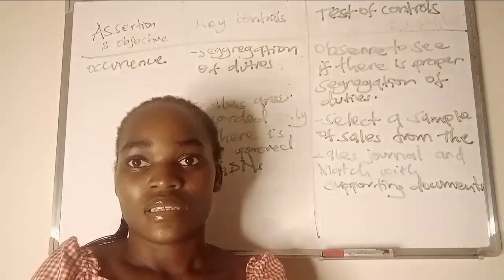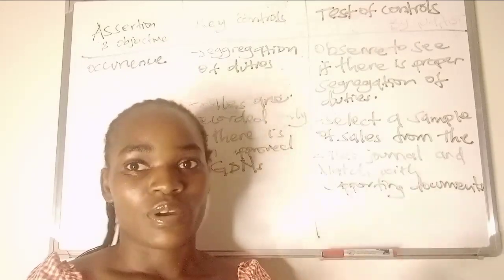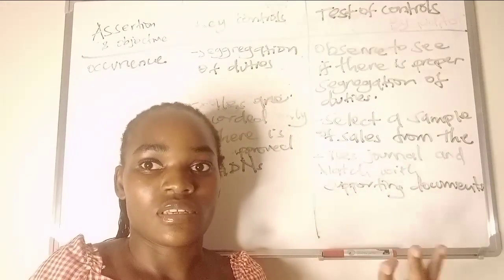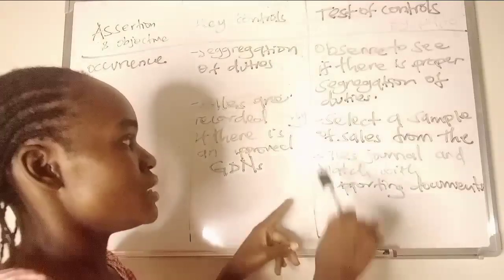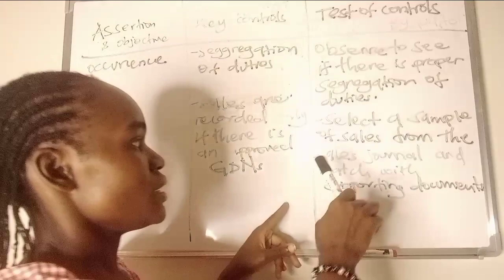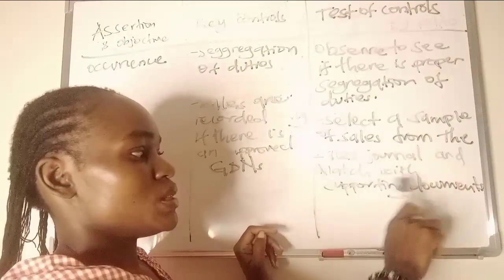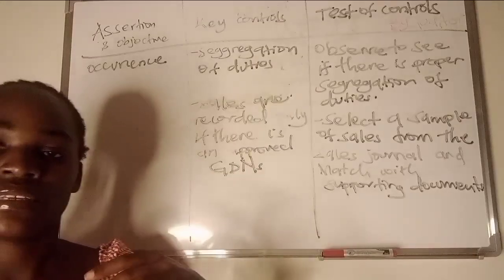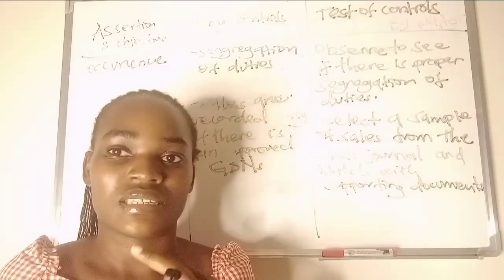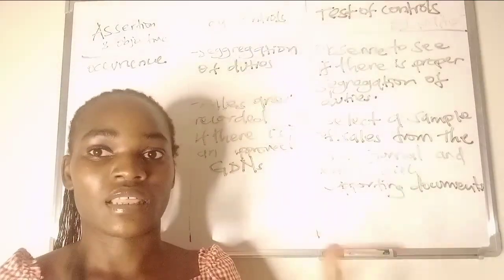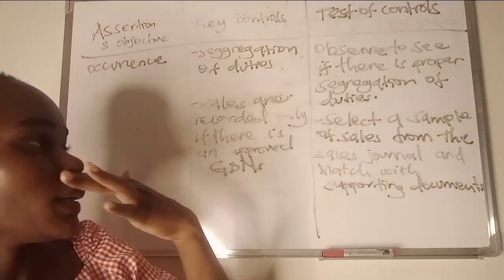So it can be for any transaction. For example, if they want to confirm the occurrence of purchases, here you just change. You'll select a sample of purchases from the purchases journal and match with supporting documents like the goods received notes, the purchases invoices, stuff like that.